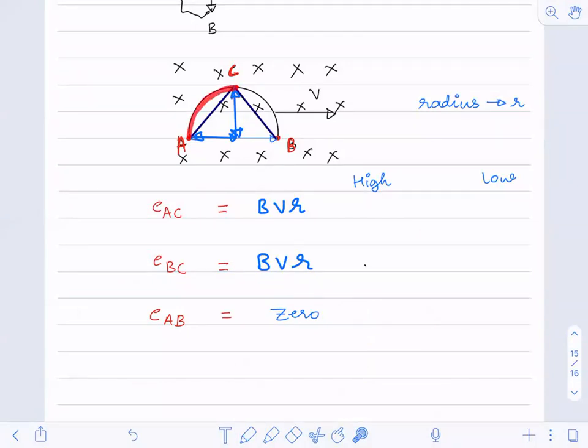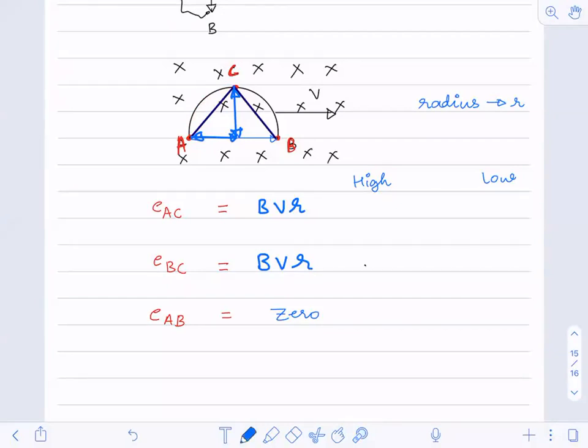Now you tell me, which part will be at high potential? Just put your four fingers in the direction of the magnetic field, thumb in the direction of velocity.